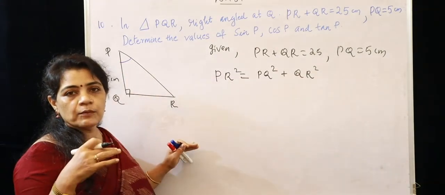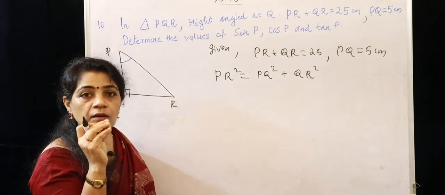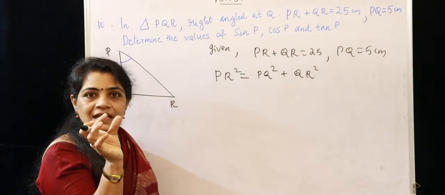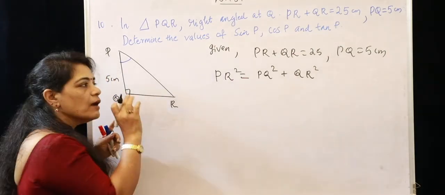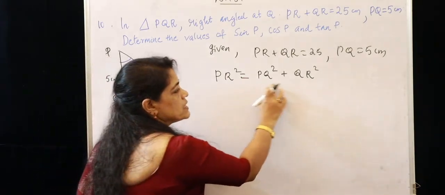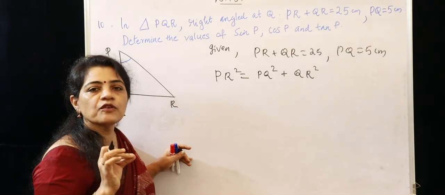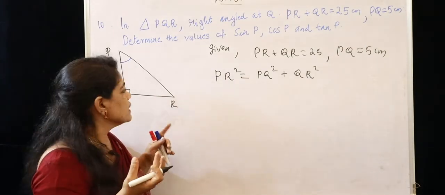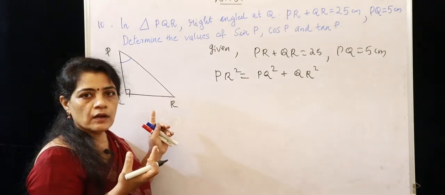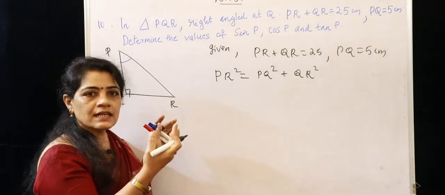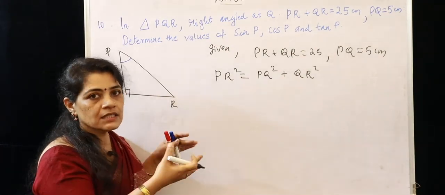Children, next what I am doing is, here we have been given the single side PQ. So I am writing this expression with respect to PQ. Why? Because you can substitute for PQ. We don't know what PR or QR is. If you take QR as X you can do it that way, but this is the simplest method.